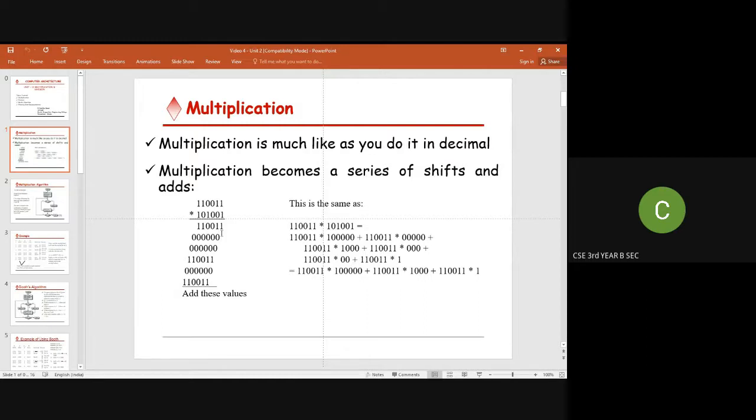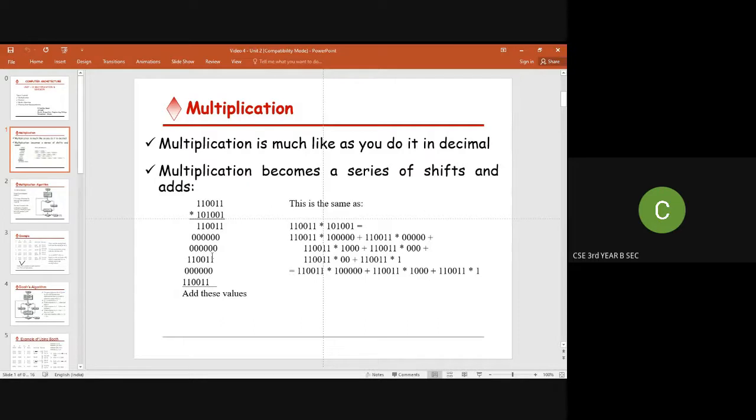Remember that while writing this multiplication answer, we have to shift one bit, so that we will get the correct answer. All these things we do in our traditional multiplication. Just like this, we do the multiplication in binary numbers also.